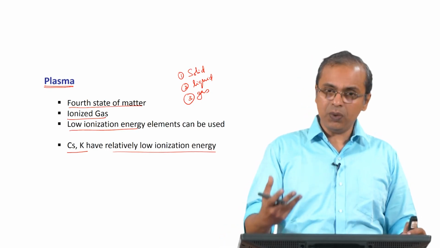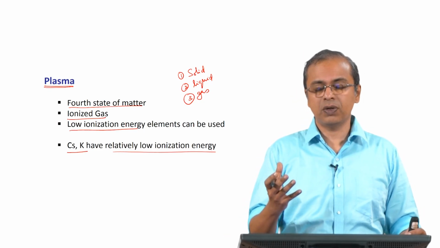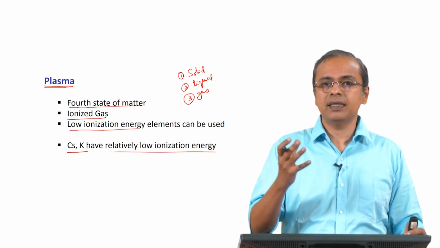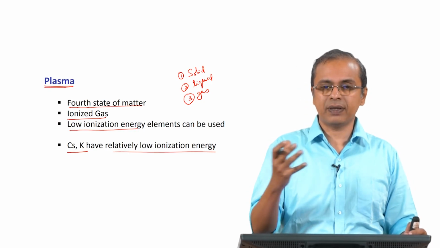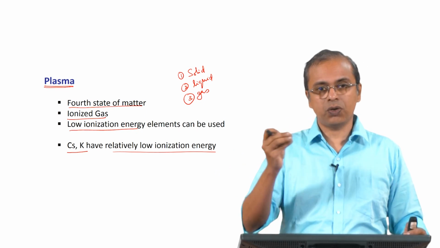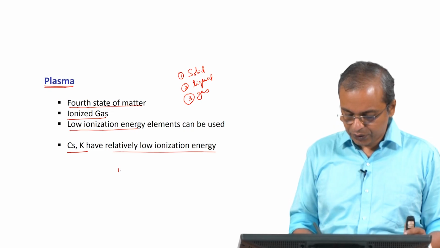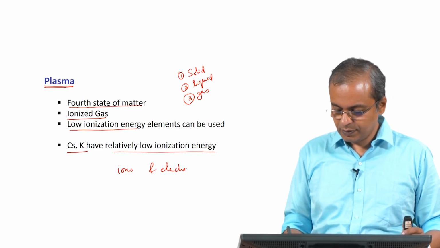So, incidentally, plasma is also of different kinds. When I say high temperature, the temperature does not even have to be uniform across the plasma. When you talk of plasma, you are talking of ions and electrons.